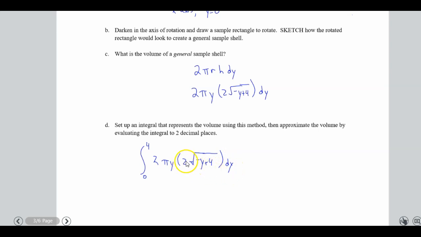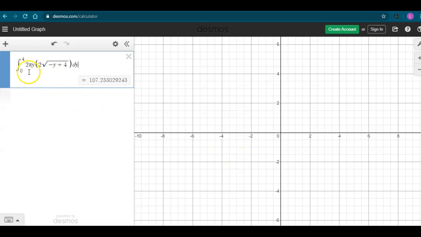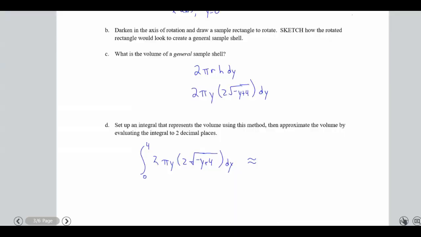And yeah, you could simplify a little bit, 2 times 2 is 4, but really I'm just going to plug this into Desmos anyway, so we'll just leave that and go ahead and calculate that out. I went ahead and put that here in Desmos, and I get 107.233. So that's what I'll go ahead and write down. And that'll be cubic inches, meters, feet, whatever you have, cubic units on that one.